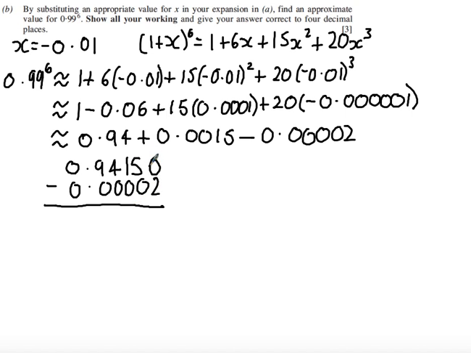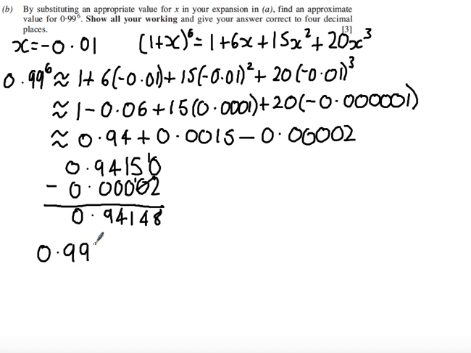Now 0 take away 2 I can't do, so I'm going to borrow 1. I'll pay back down the bottom so that I get 10 take away 2, which is 8, 5 take away 1, which is 4, 1 take away nothing is 1, 4 take away nothing is 4, 9 take away nothing is 9, and then 0 take away nothing is 0, which then gives us the approximation.